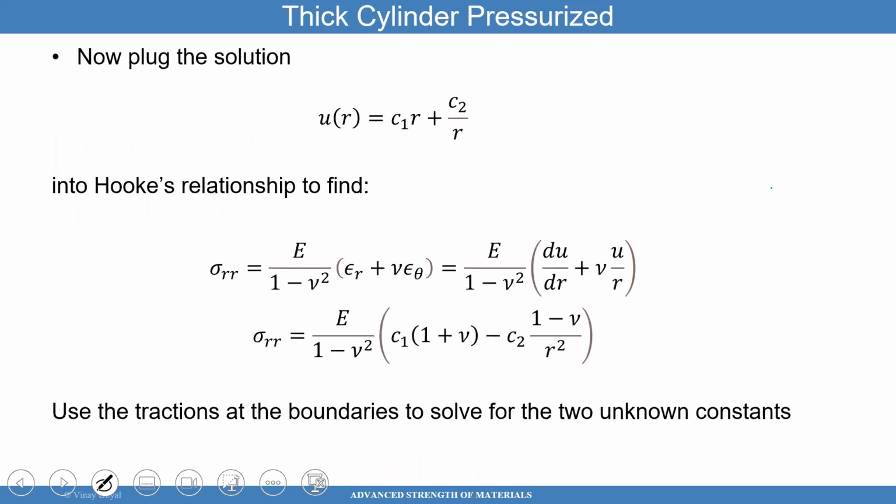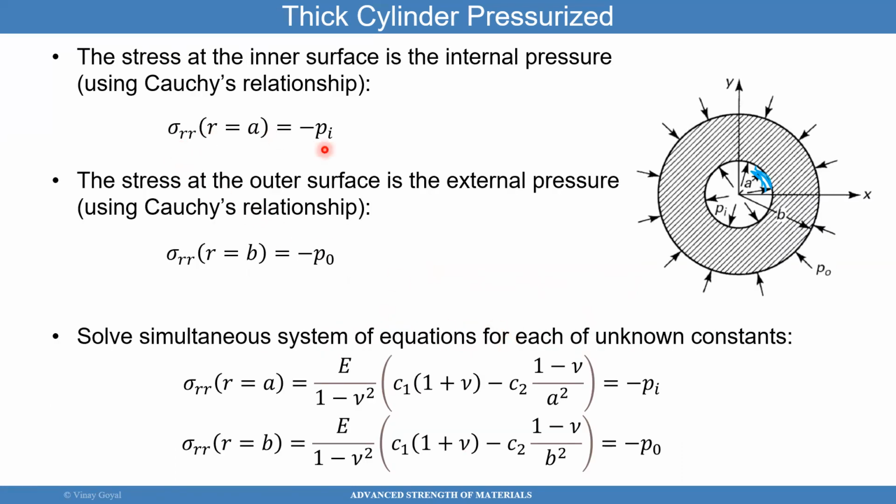So guess what? I have this equation for sigma RR, and I know that sigma RR is this equation in terms of C1 and C2. I also know that sigma RR is a pressure of P_i right at this surface, R equals A, and that sigma RR at the radius R equals B is the pressure outside that's been applied.